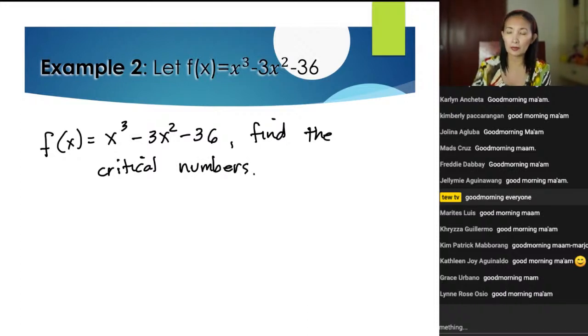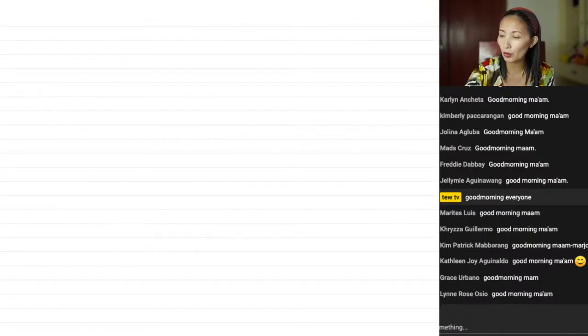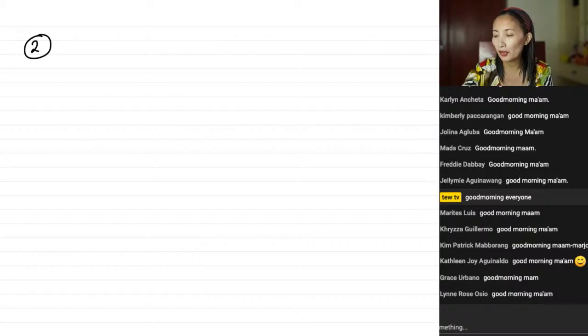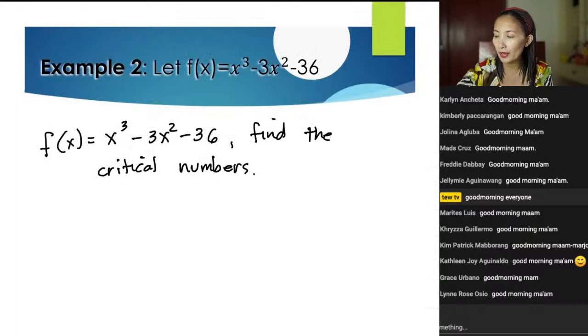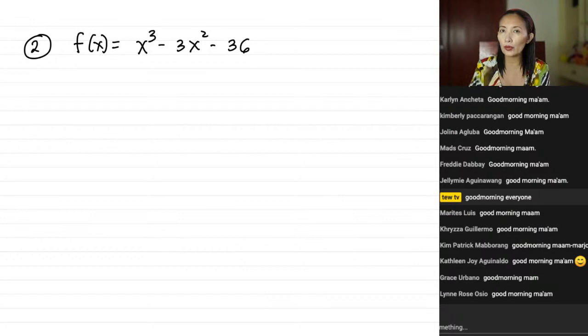So just the same, let me copy the given. So example number 2: f of x equals x cubed minus 3x squared minus 36. What are we going to do once again?